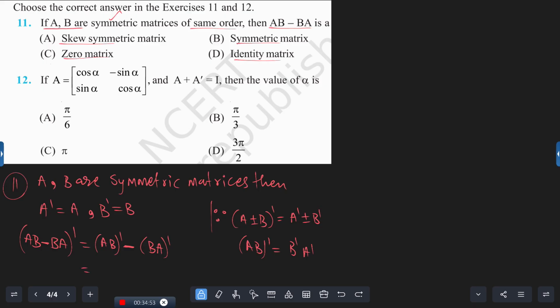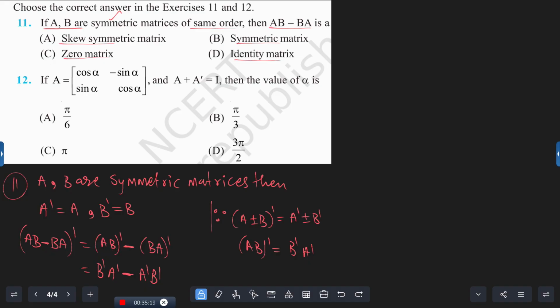So AB transpose becomes B transpose A transpose minus, and BA becomes A transpose B transpose. Listen carefully. By using this formula, it becomes reverse order. Have you noticed it? Be careful, children.